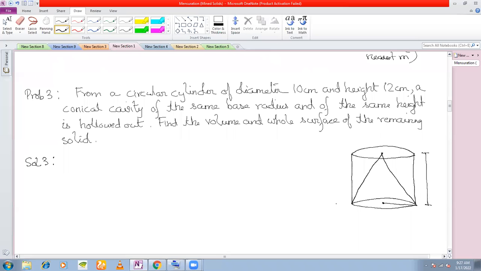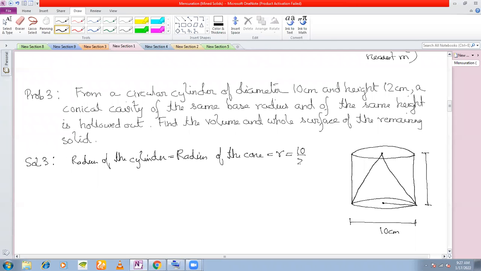So what is given here, from a circular cylinder of diameter 10 centimeter, that means this diameter is given to you as 10 centimeter. That means what do we have? The radius of the cylinder is equal to the radius of the cone, R is equal to 10 by 2, 5 centimeter.